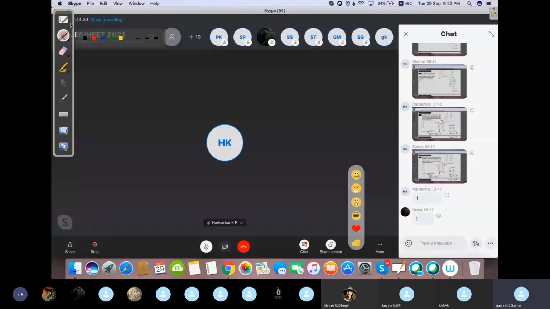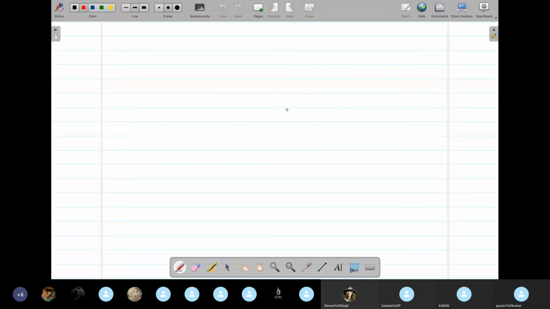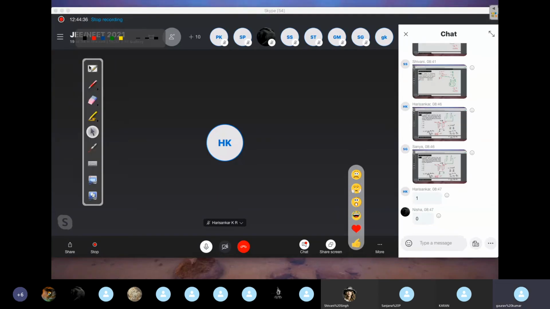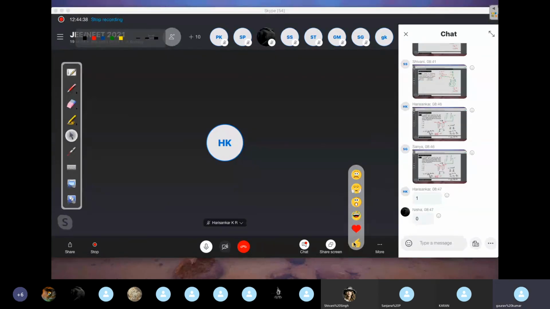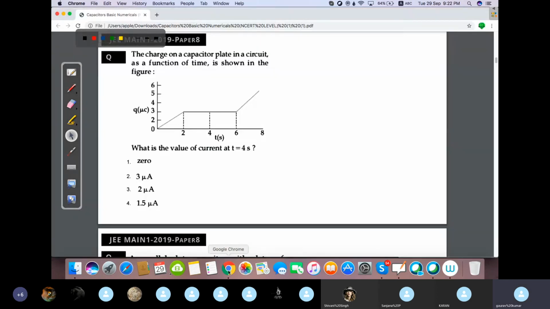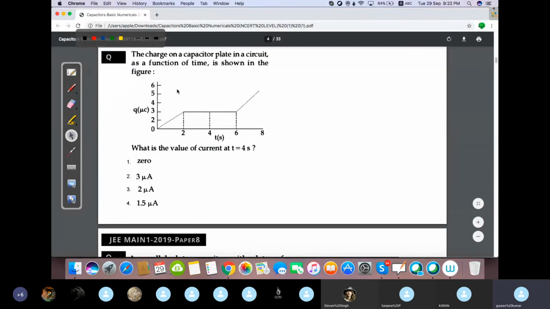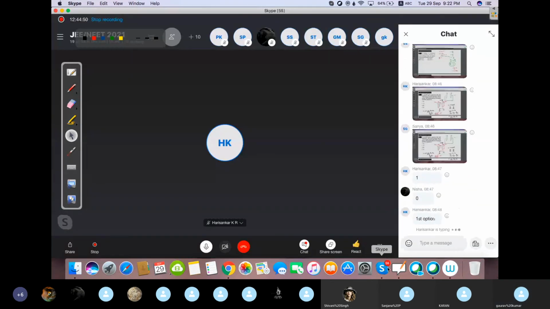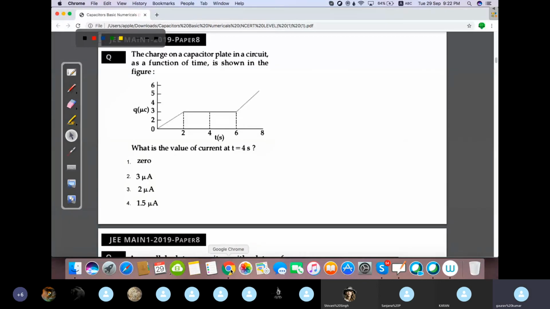Two answers are coming here. Two students have given the answer till now. Okay, 3. Okay, let's see the solution for this question.